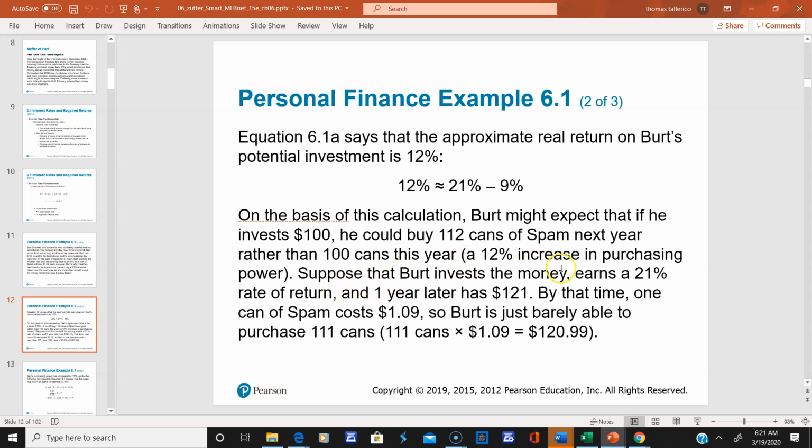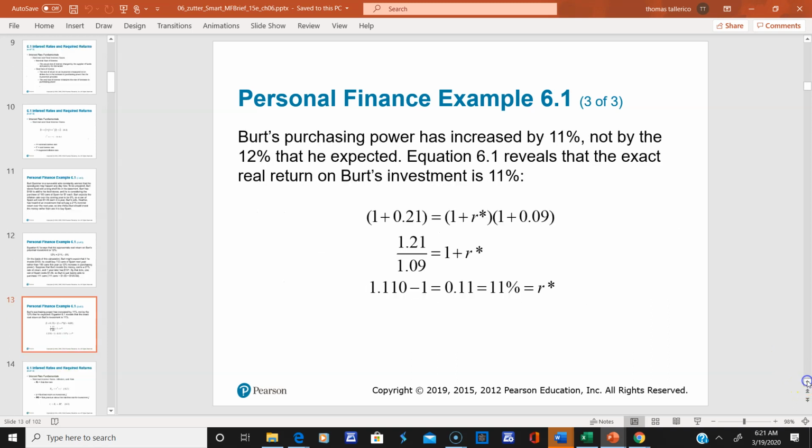Suppose that Bert invests the money, earns a 21% rate of return, and one year later has $121. By that time, one can of Spam costs $1.09. So Bert is just barely able to purchase 111 cans. Bert's purchasing power has increased by 11%, not by the 12% that he expected. Equation 6.1 reveals that the exact real rate on Bert's investment is 11%.